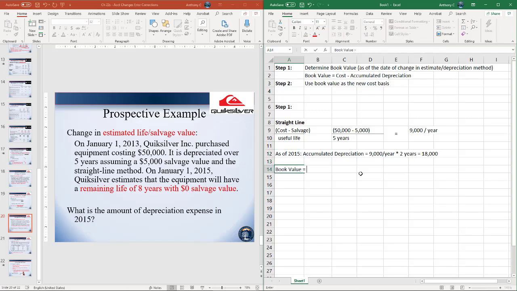So that tells us our book value is the cost of $50,000 minus the $18,000 in accumulated depreciation, or $32,000. Right. Step 2, we'll use this book value as our new cost basis. So again, we largely have the same thing. We have cost minus salvage divided by our remaining useful life.